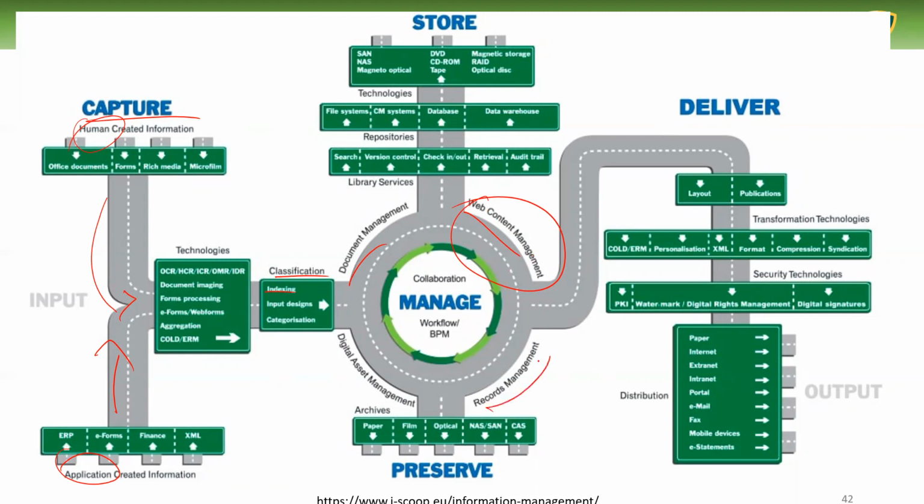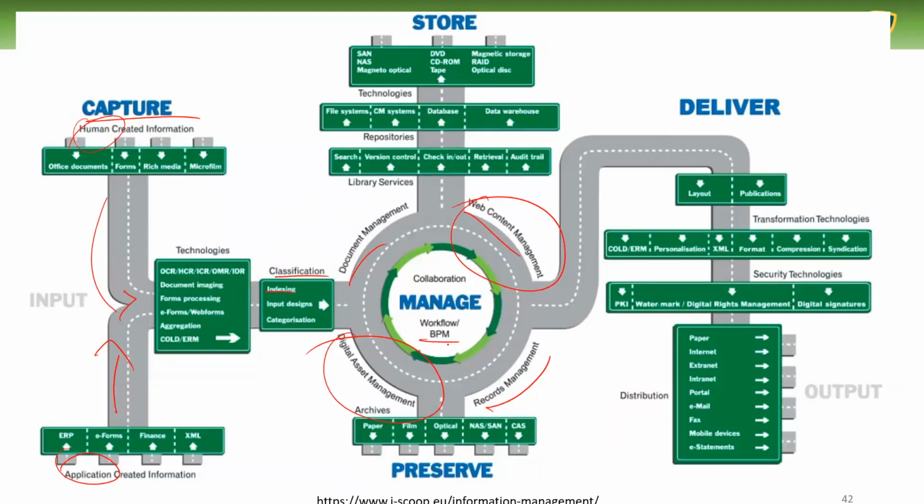There's also records management, which is more related to database management. There's digital asset management, which has its own distinctions from records and web content management. All of this goes within a workflow of business practice management. Business process management, BPM.